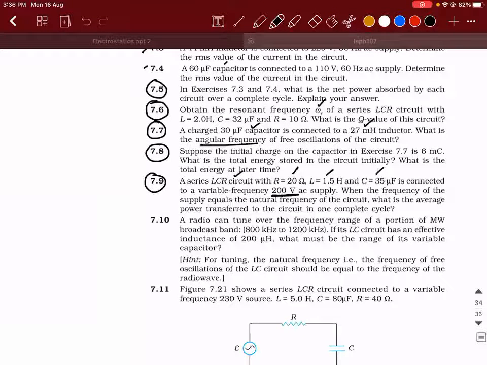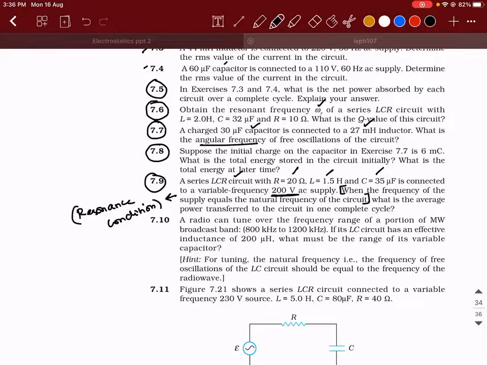200 volt AC supply. See, mark this sentence as important. When the frequency of the supply equals the natural frequency of the circuit, this condition is what is called the resonance condition. There are two ways to state the resonance condition.